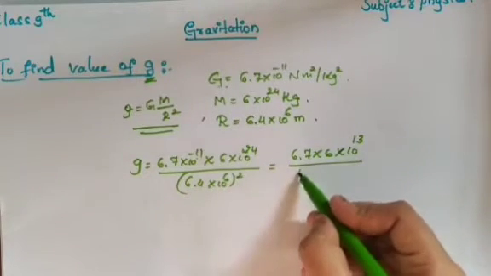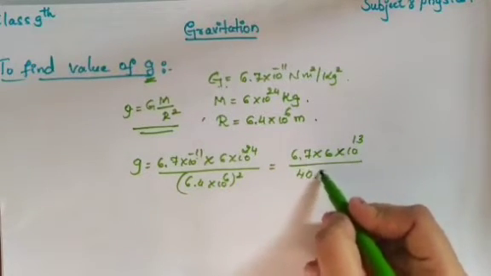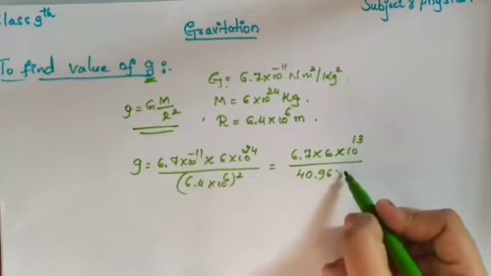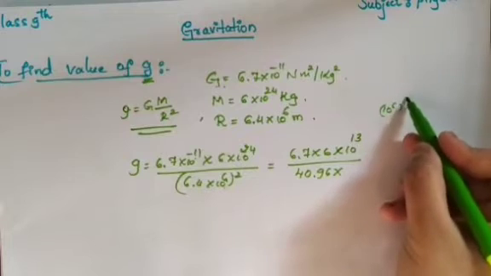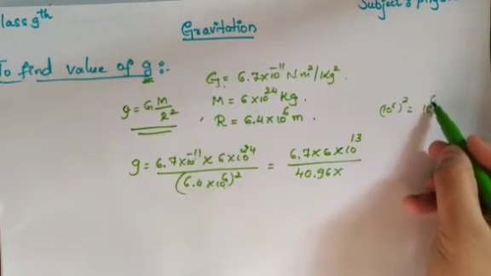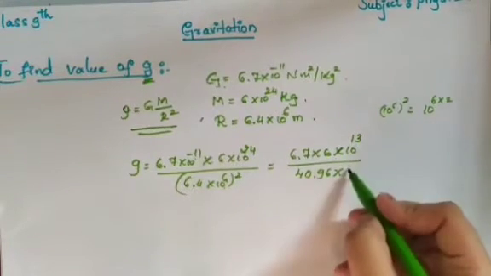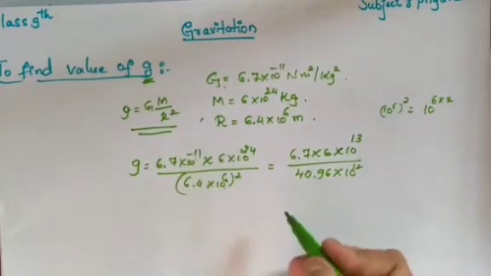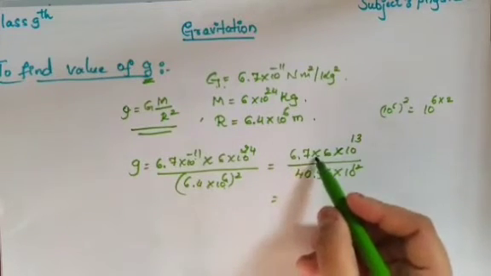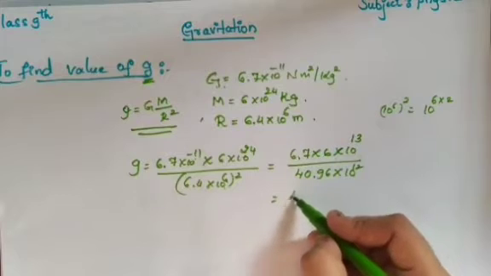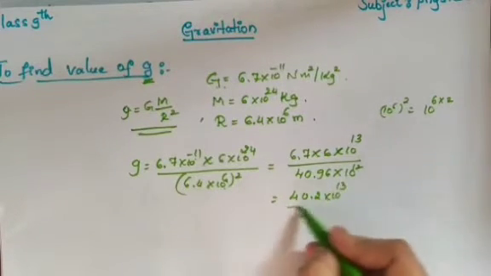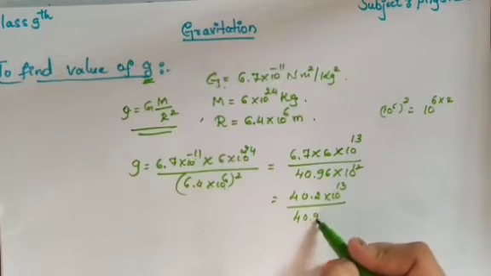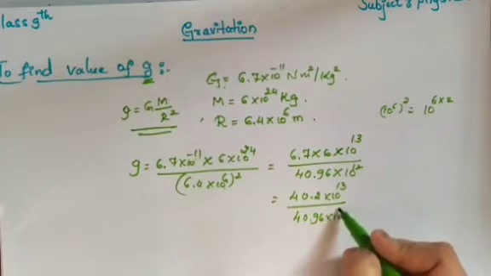6.4 into 6.4 if you multiply, I get 40.96 into 10 to the power 6 whole square. 10 to the power 6 whole square is 10 to the power 6 into 2, that is 12, so I get 10 to the power 12. Next, 6.7 into 6 gives 40.2 into 10 to the power 13, divided by 40.96 into 10 to the power 12.